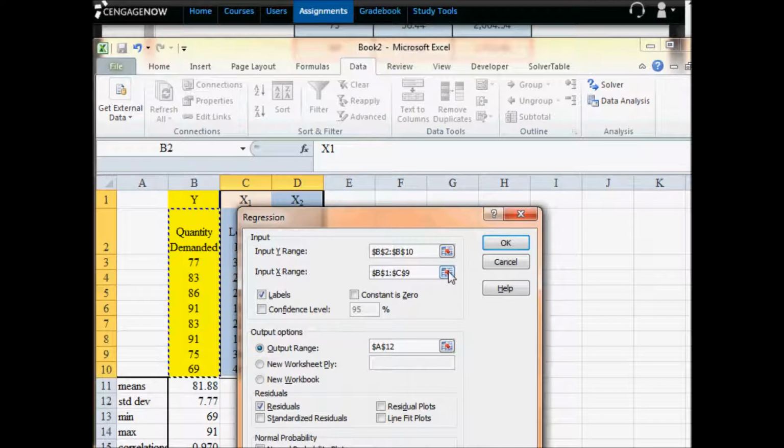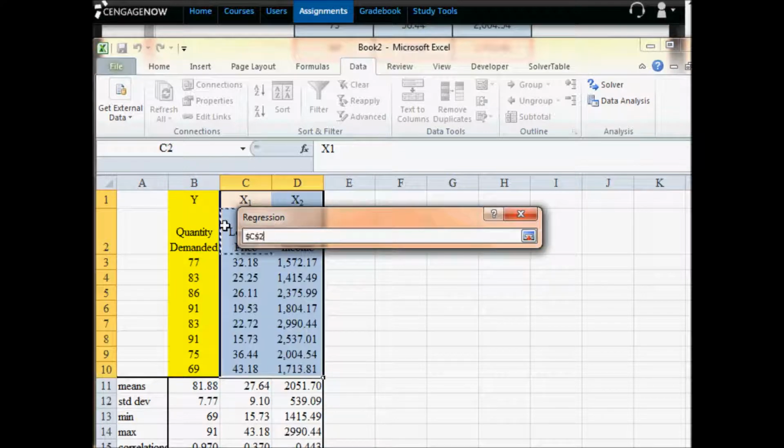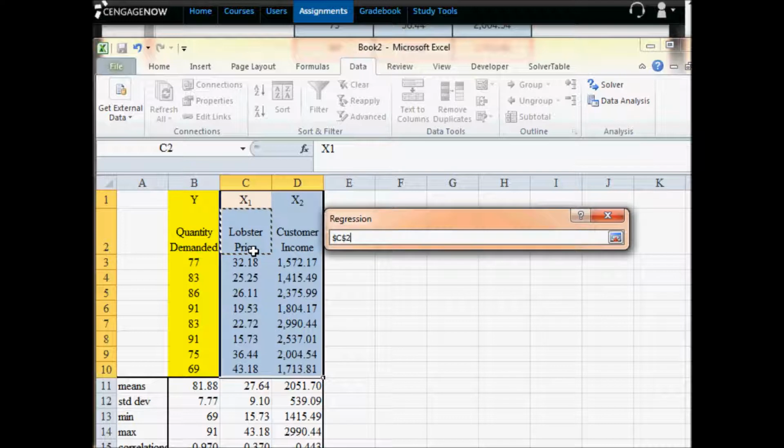I'm going to load my x range by clicking on the labels for lobster price and customer income, and then scrolling down to the 8 observations that are below those 2 variables.